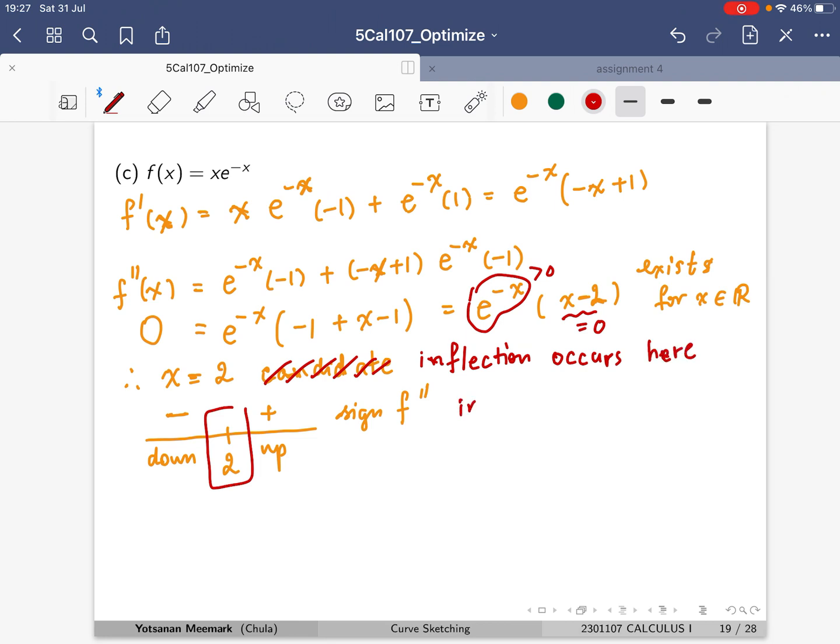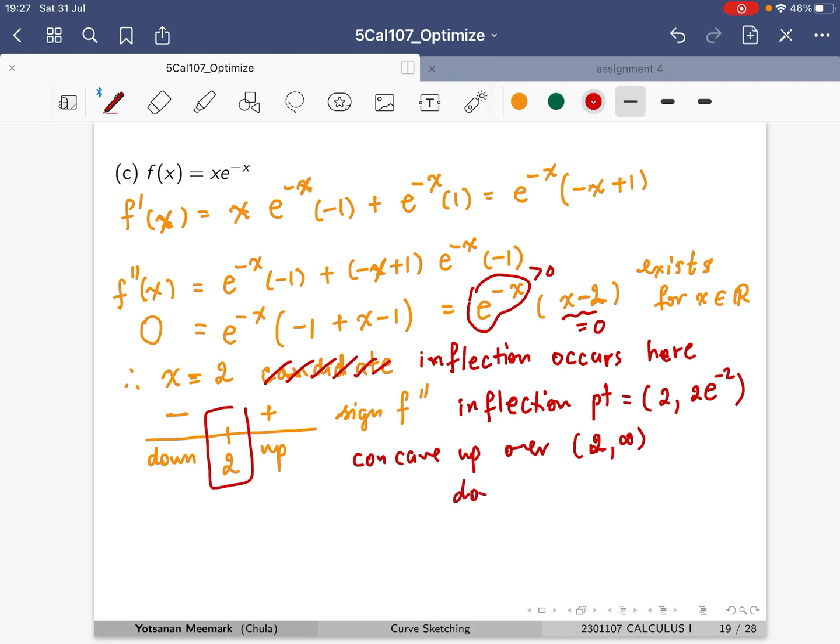The inflection point becomes 2 and f at 2, which is 2 e raised to the power negative 2, right? And concave upward over the interval from 2 to infinity, and concave downward over the interval from negative infinity to 2.